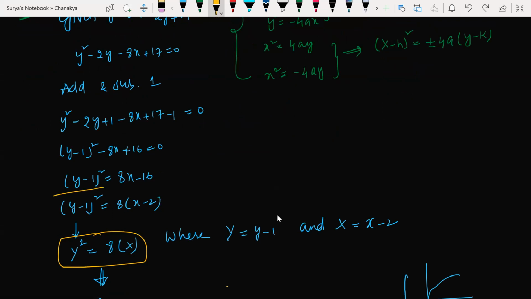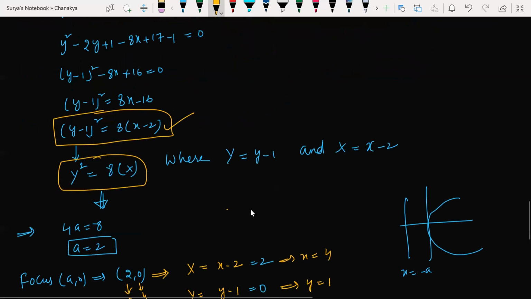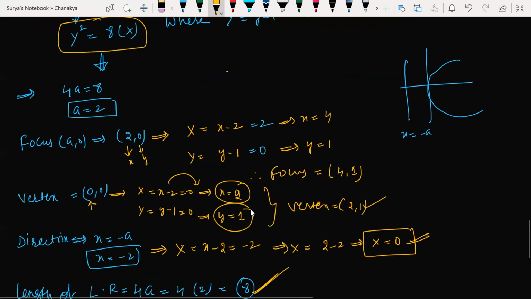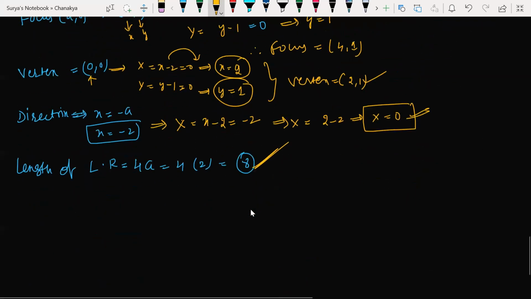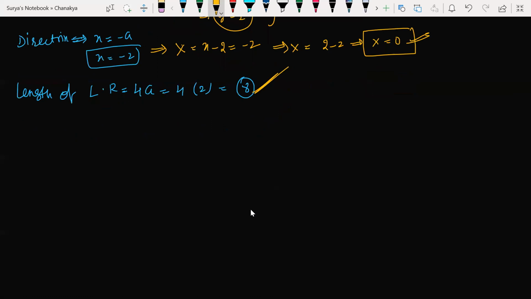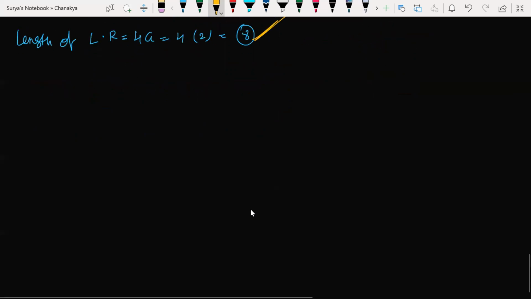I used y square is equal to 8x, where y is equal to this, x is equal to that. I first calculated the focus, vertex, directrix, and length of latus rectum the normal parabola way. After that, I equated their respective coordinates with x minus 2 and y minus 1. That is how we solve that.